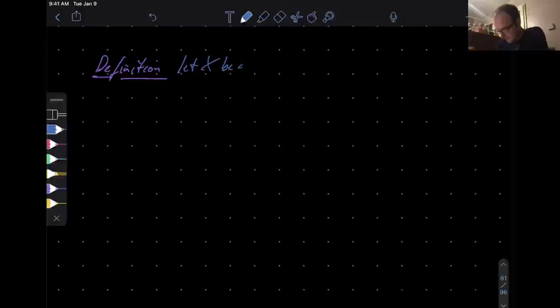So let X be a complex vector space. Again, this just means that the underlying scalar field is the complex number field.